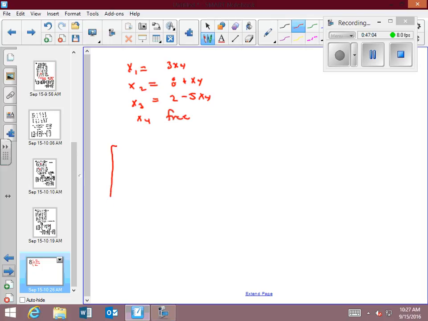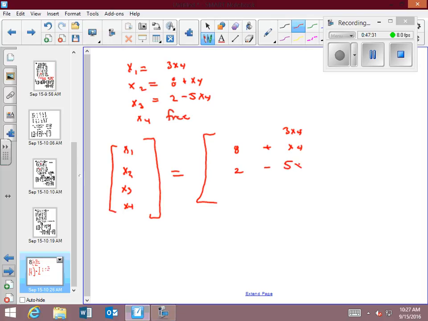So my solution thing, this is 3x4. So we have this constant vector 0, 8, 2, 0.